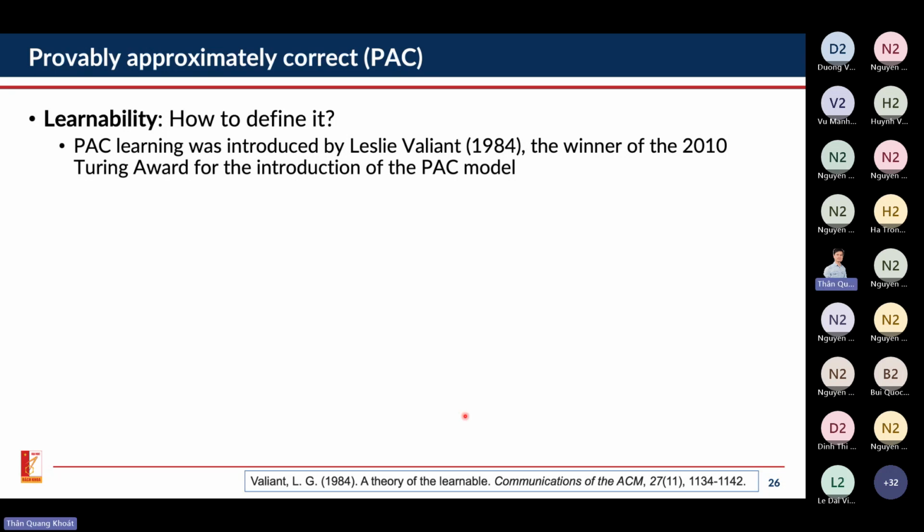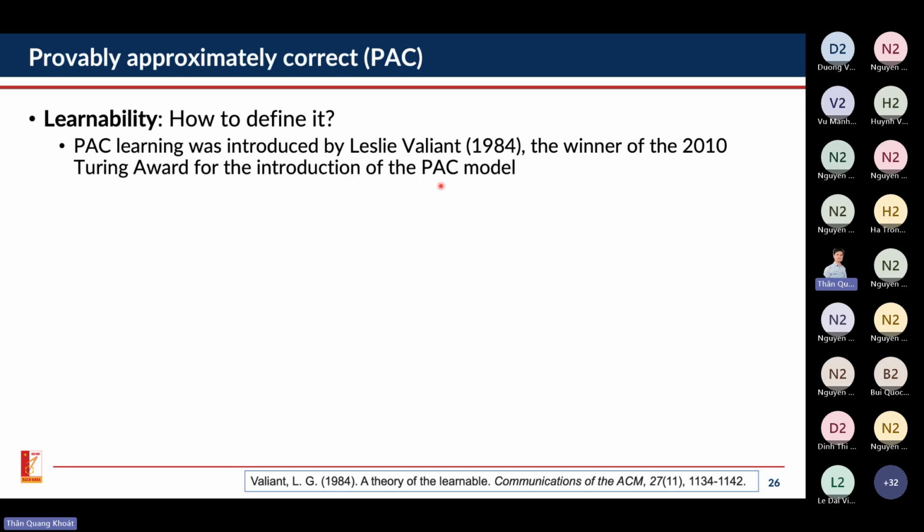And until 1984, there was a well-known researcher, Leslie Valiant. He is very great in computer science, and he developed a theory. Now we call it the PAC model.